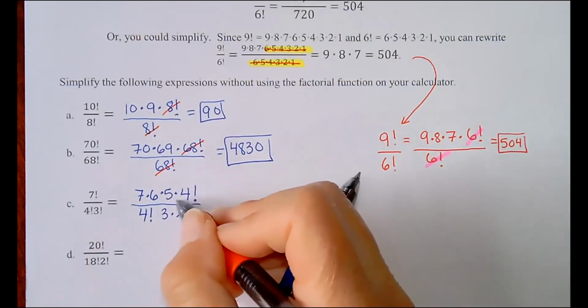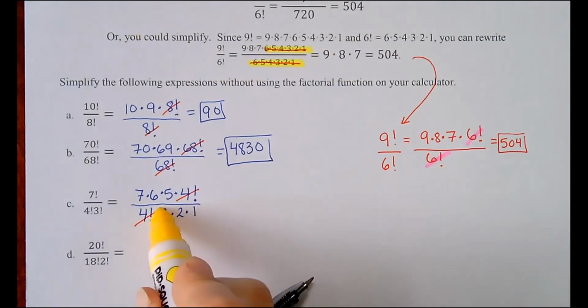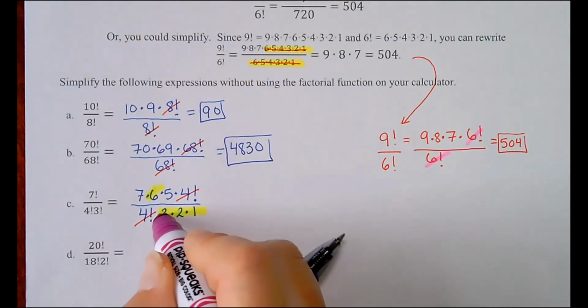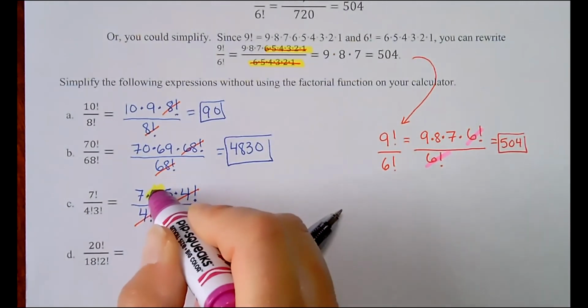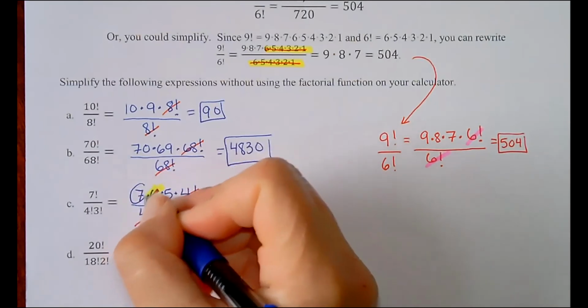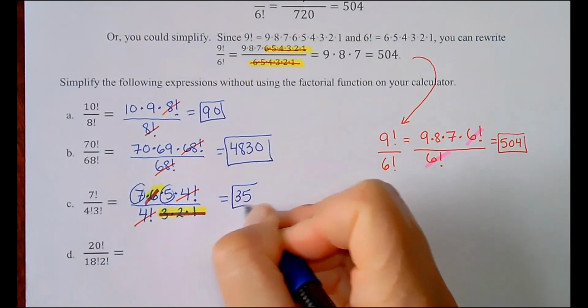So this 4 factorial and this 4 factorial are going to cancel out. And now I can also take my 3 times 2 times 1, which is 6, and it can cancel with the 6. I am left with 7 times 5, or 35.